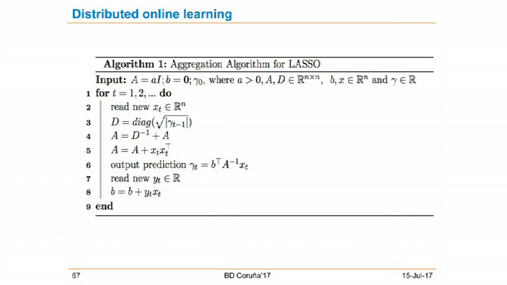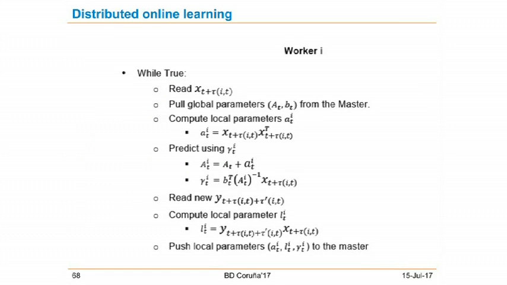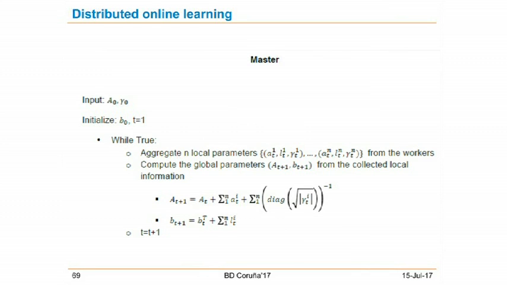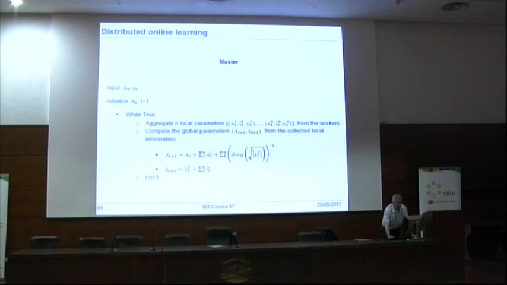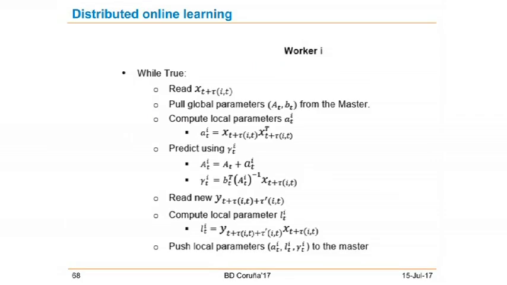So the worker actually computes some quantities and sends them, pushes them actually to the master, and the master actually tries to combine them and returns those quantities back to the local workers, and the cycle goes on.